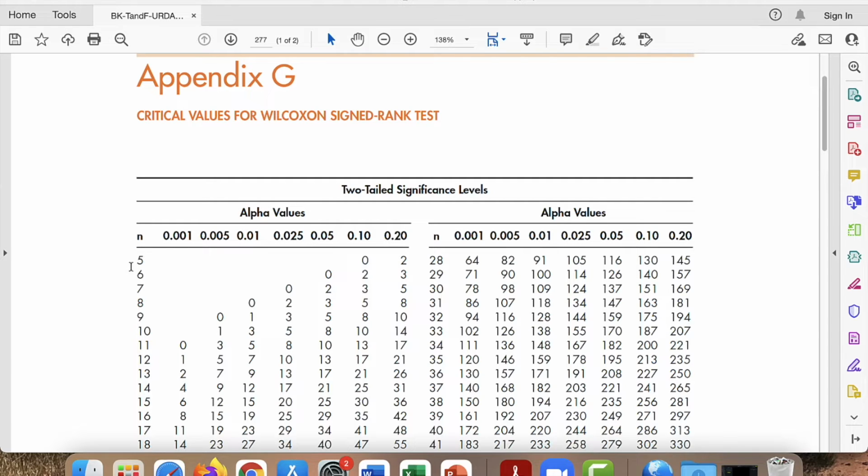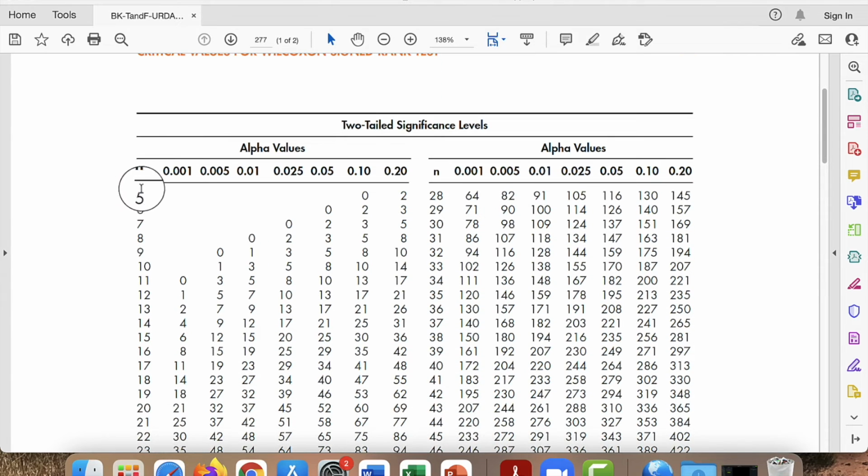Over here, you have your n's, your sample sizes. This is how many pairs are being compared.